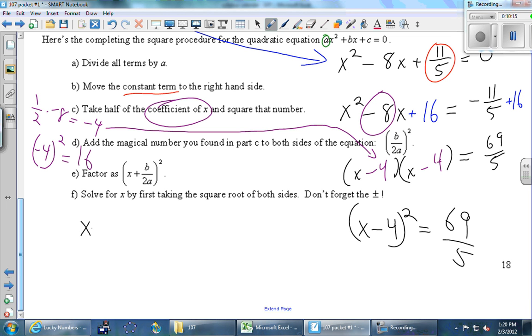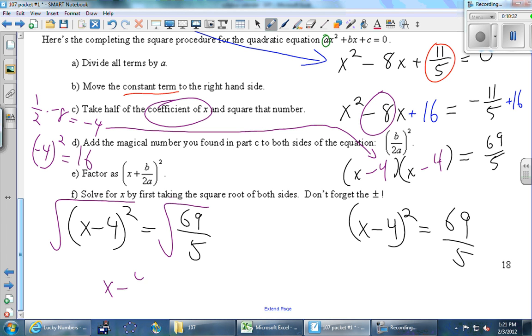So I'm going to copy that equation, and then I'm going to put in my square roots. Square root both sides. The left-hand side becomes the x minus 4. Right-hand side, square root of 69/5. That's not a very nice number.